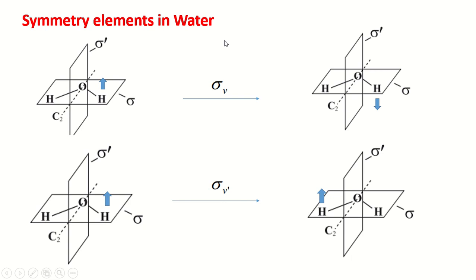Keeping in mind these products, we are now able to construct the complete set of symmetry elements, and it will help us to construct the multiplication table for the water molecule.